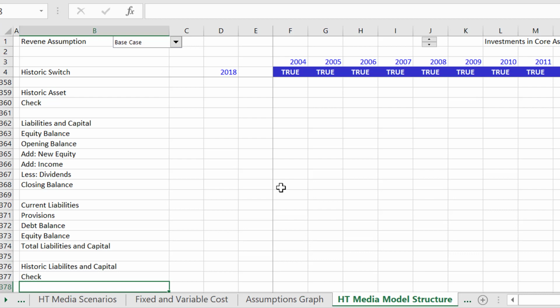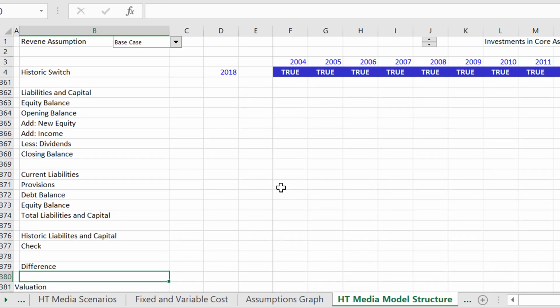Okay. And then we'll finally get a difference and get our ultimate ecstasy check, which is the check of both the historic and projected balance sheet.